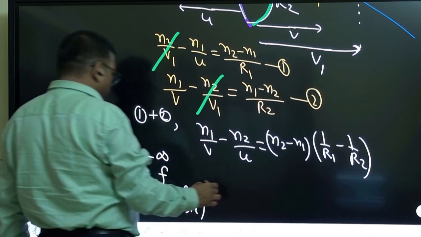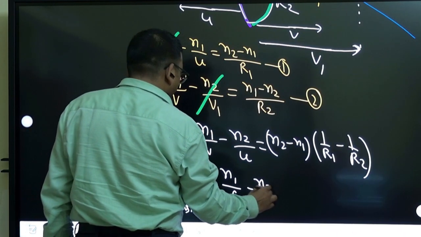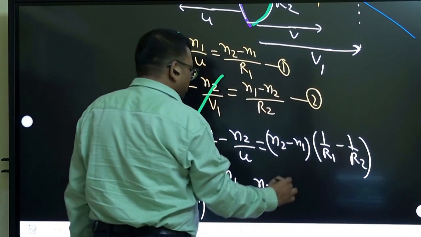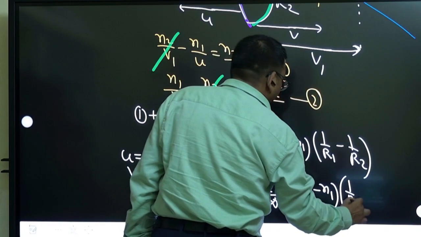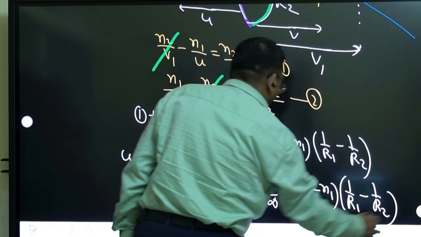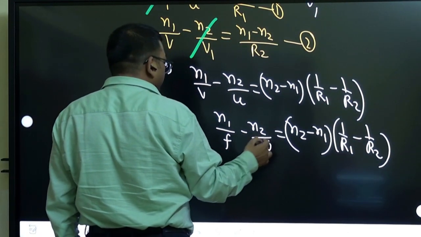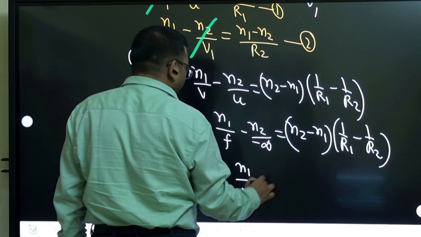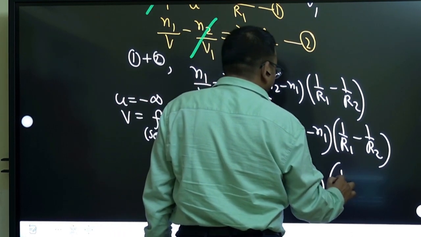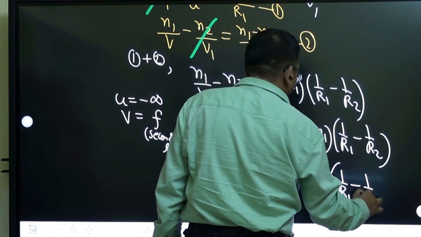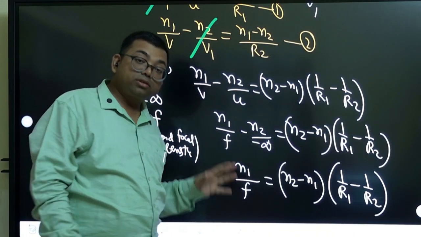So let me substitute this. n1 by f minus n2 by minus infinity is equal to n2 minus n1 times 1 by R1 minus 1 by R2. From here, this term is going to be 0. So n1 by f is equal to n2 minus n1 into 1 by R1 minus 1 by R2. Now you will ask, should I not take n1 by f? No, that is not the definition of power.